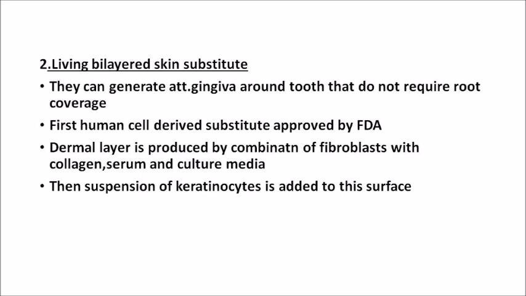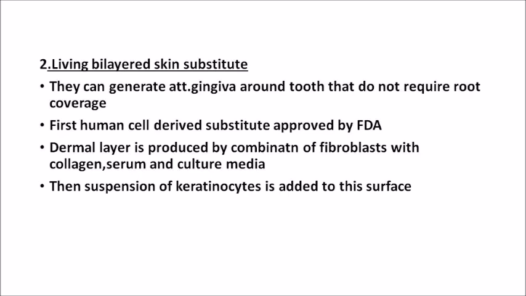Next one is living bilayered skin substitute. It is bilayered here. Okay, here they can generate attached gingiva around a tooth that do not require any root coverage. Usually it is used for gingival augmentation and not for root coverage. This is the first human cell derived substitute approved by FDA. Even though we had a human fibroblast derived dermal substitute, the living bilayered skin substitute was the first FDA approved one.